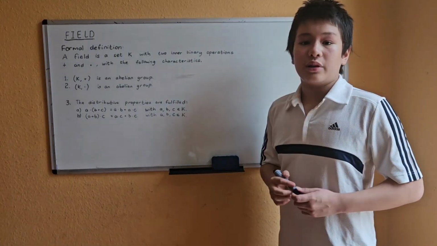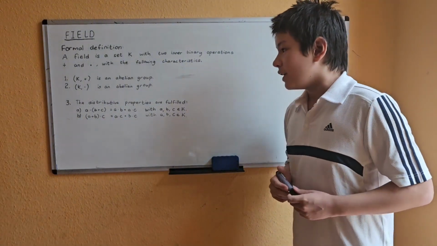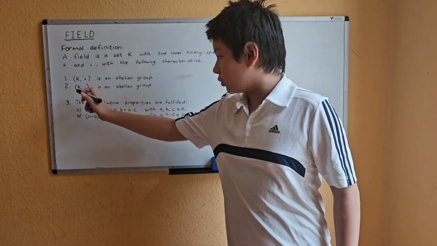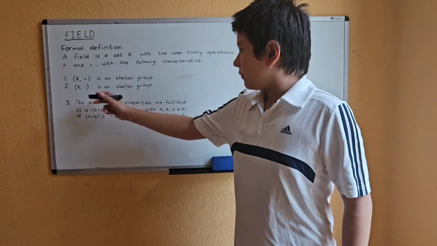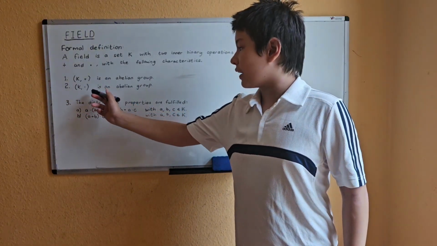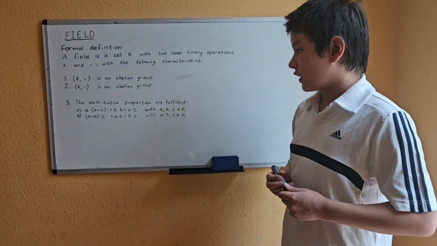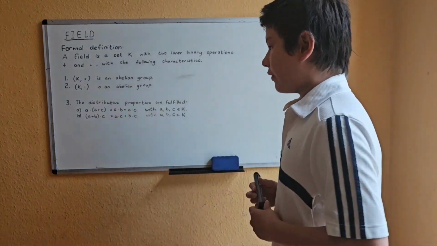It features the commutative property. And now the second part is that the group K, or the set K combined with the times operation, is also an abelian group. So you know what that is.